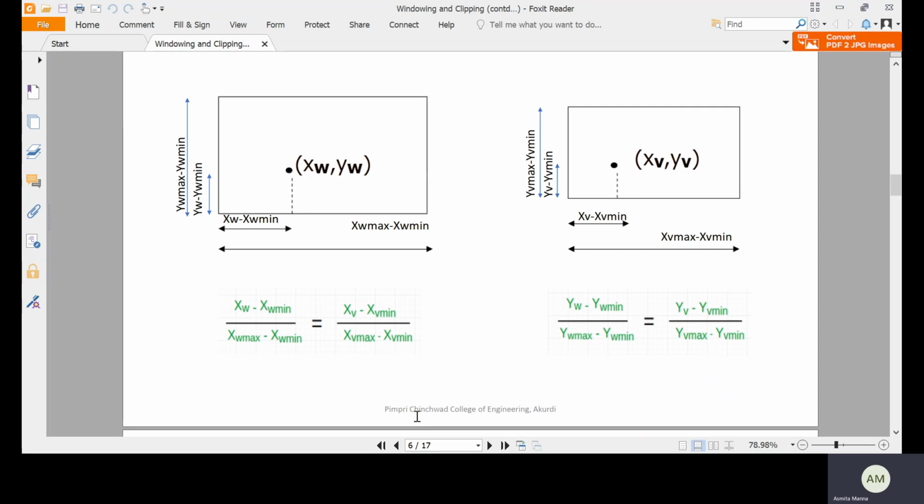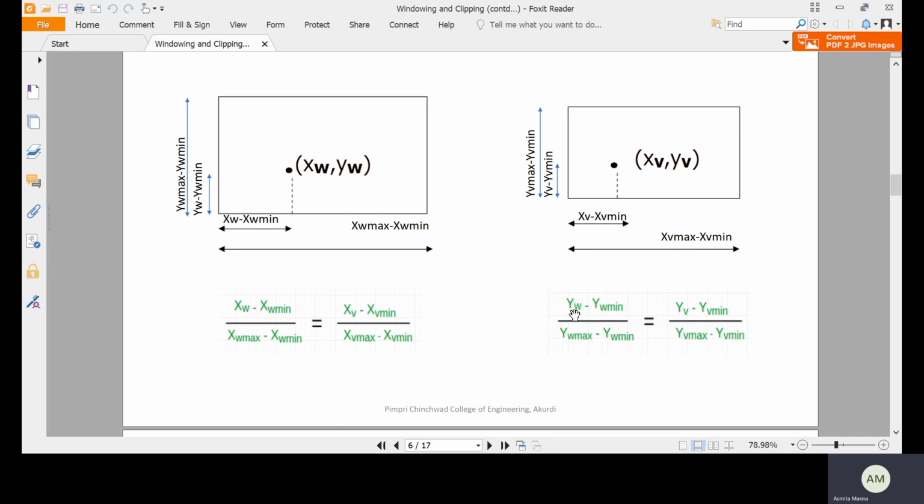Similarly, we have to calculate the y values. yw minus yw min, that means this distance by the whole distance, that should be equal to this distance by this whole distance.